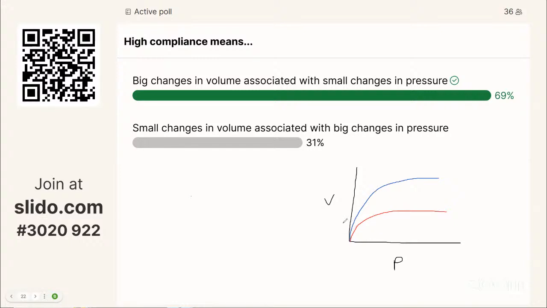Let's say here, which intersects both lines. This highly compliant one for this volume took only a very little bit of pressure. The low compliance line took a lot more. So this was why we had more volume of blood in our veins. This is why they were holding a lot of volume, but didn't create a lot of pressure, didn't mess up our gradient of high pressure in the arteries, low pressure in the veins.